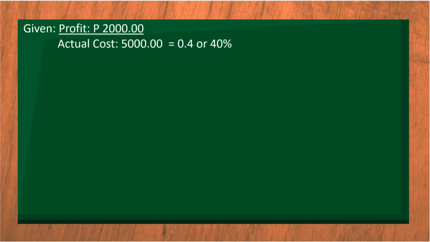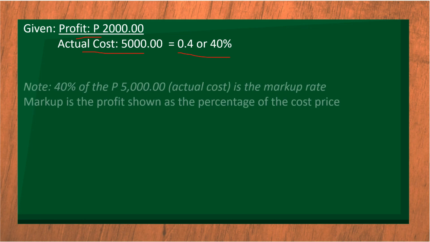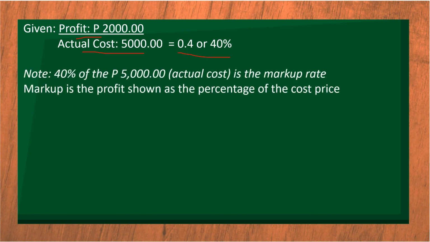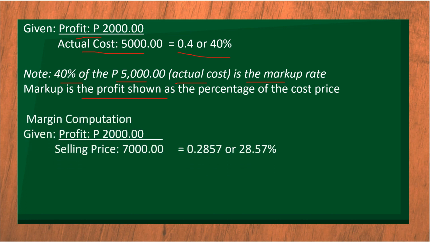To get the markup rate, given the profit is 2,000 pesos and the actual cost is 5,000 pesos, the result is equal to 0.4 or 40%. Note, 40% of the 5,000 actual cost is the markup rate. Markup is the profit shown as the percentage of the cost price.